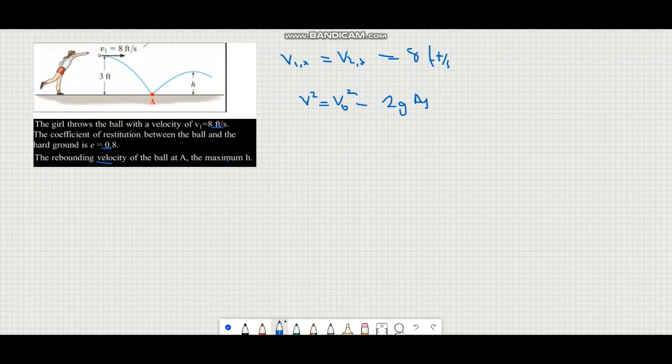We know that initial velocity is 0, so this guy is gone, and the velocity squared is gonna be equal to minus 2 times minus 32.2 times delta y, which is minus 3. If we don't plug minus 3 here, it's gonna be imaginary because we need to take out this minus.